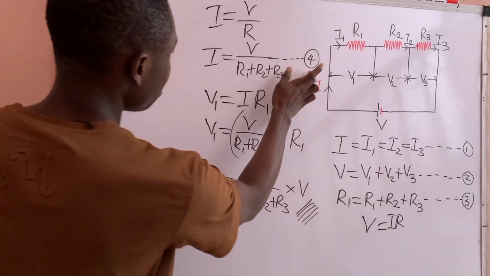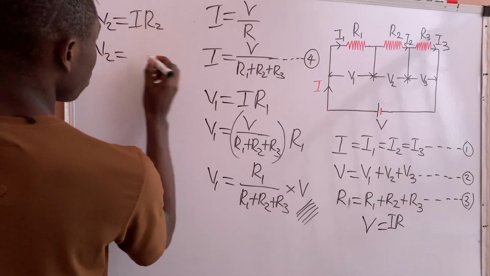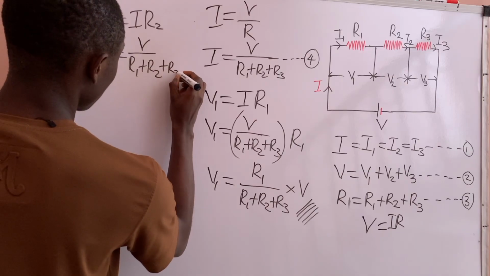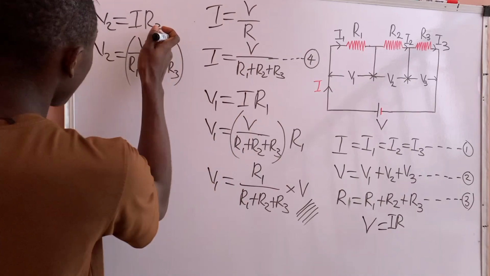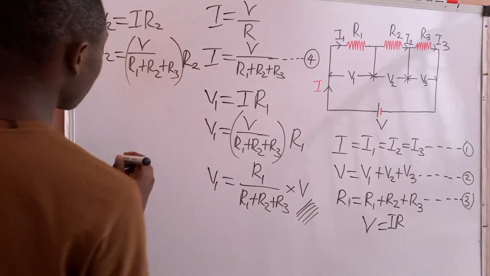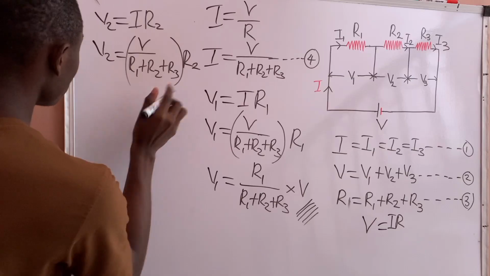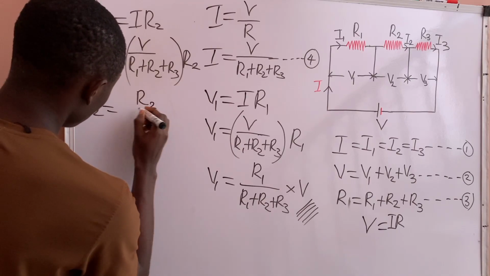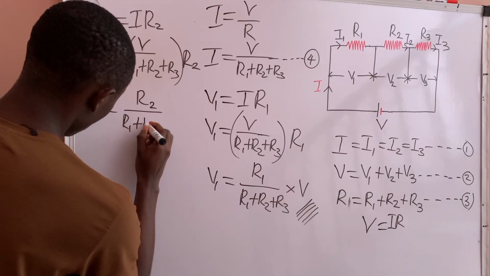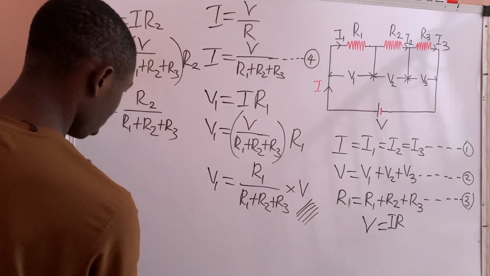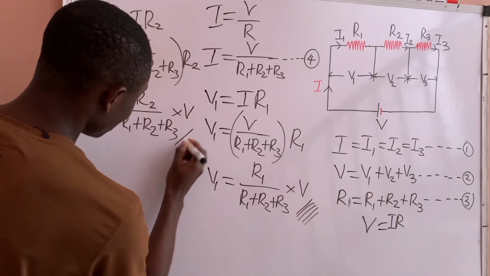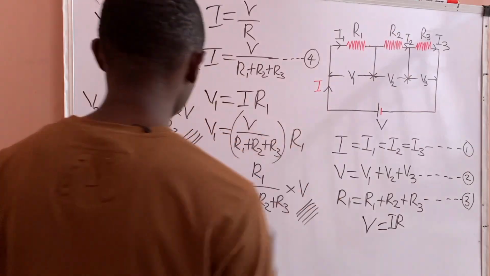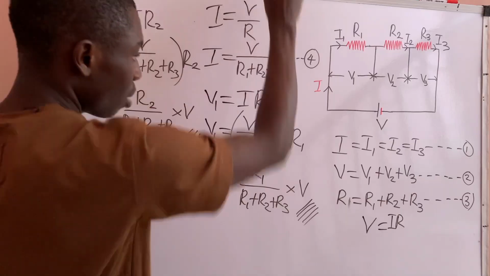But we know that I is V over R1 plus R2 plus R3, so V2 is equal to V over R1 plus R2 plus R3, multiplied by R2. This is the same as V2 equals R2 divided by R1 plus R2 plus R3, times V. This is the second voltage divider rule formula, which we will use to calculate the voltage drop across R2.